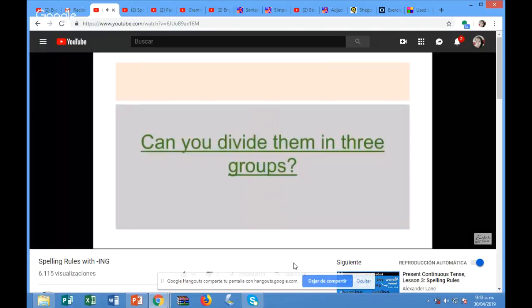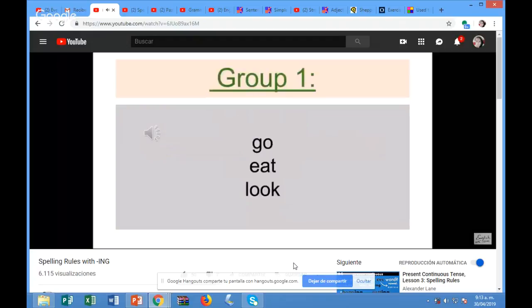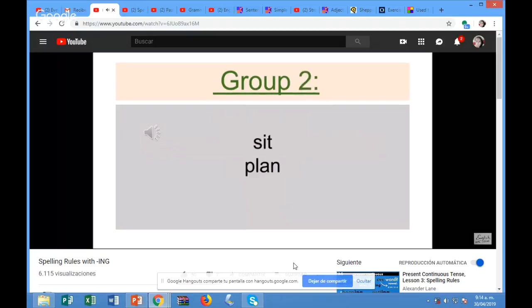Can you divide them in 3 groups? Group 1, go, eat, look. Group 2, sit, plan. Group 3, give, write.